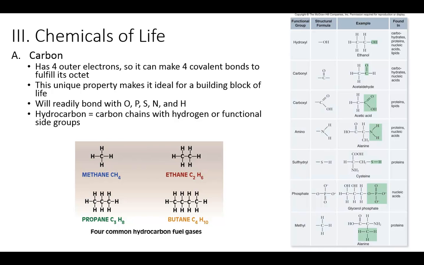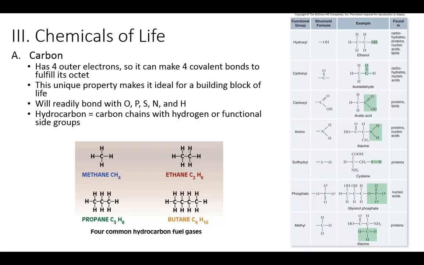Carbon is very important because it has 4 electrons in its valence shell, and it needs 4 more to attain a stable octet, and thus it can form 4 covalent bonds, and covalent bonds are very strong.